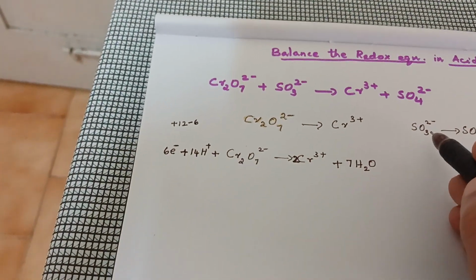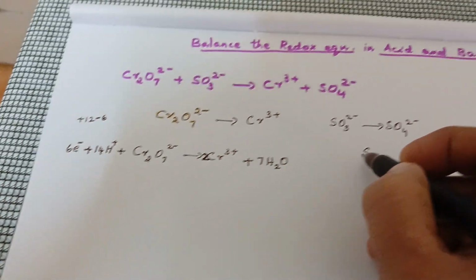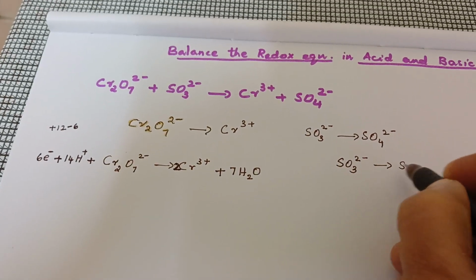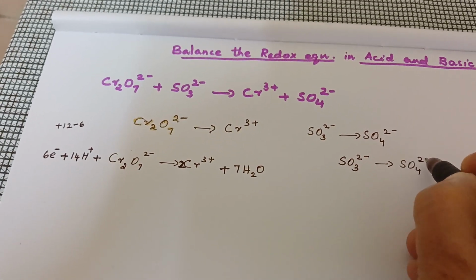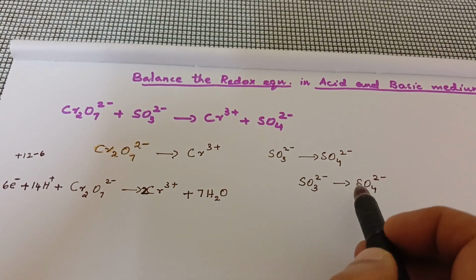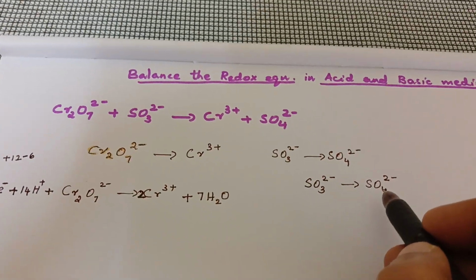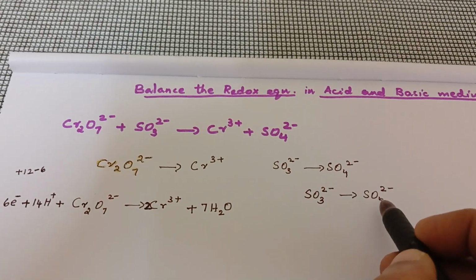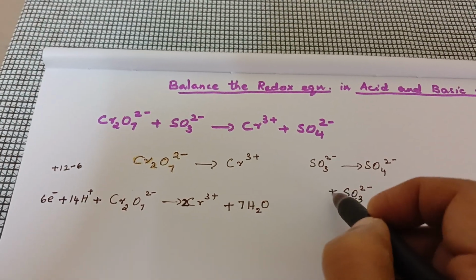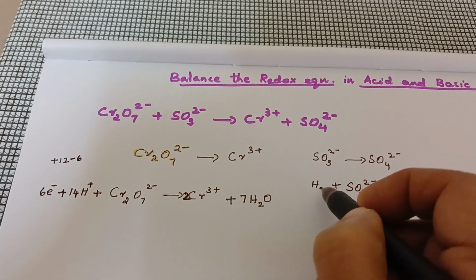Now let us take the next equation, that is SO3 2- giving SO4 2-. Here sulfur atoms are balanced, one on each side. But the number of oxygen atoms on the right hand side is 4 and here you have only 3. So we will add 1 molecule of water.